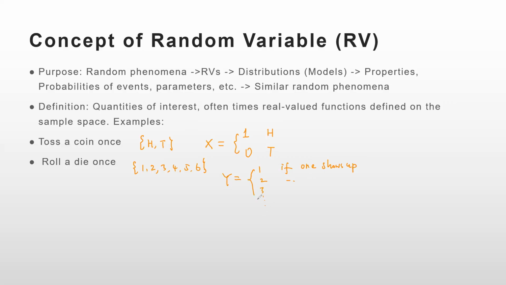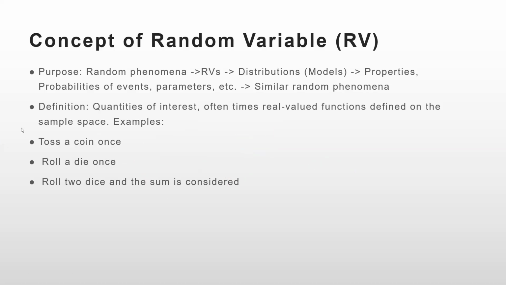But sometimes if we are interested in a certain function of these numbers, for example, the square of these numbers, then you define a different random variable. So it depends on what we're interested in doing. Roll two dice and the sum is considered. Again, sums are numbers, so we can define the random variable to be the sum. If the sum is 2, then we just define the random variable to have value 2.